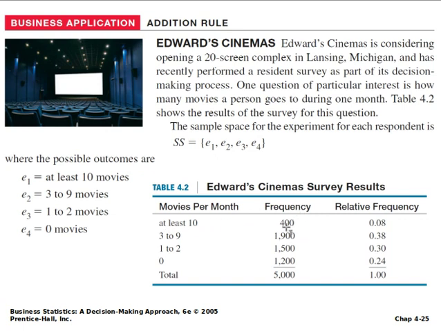There were 400 respondents, which is 8% of the survey. 3 to 9 is 1,400, which is 38%, and 1 to 2 is 1,500 respondents, which is 30%, and respondents who do not go to any movie, there are quite many of them, 1,200, which is 24%, almost 1/4. The total sample space is 5,000.